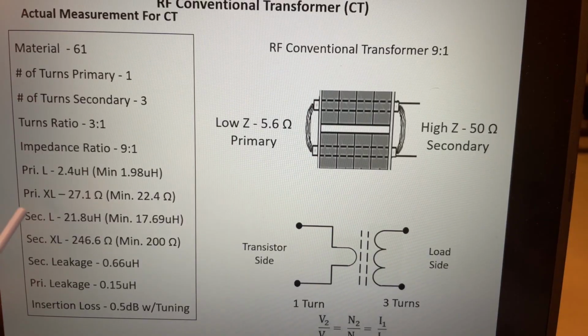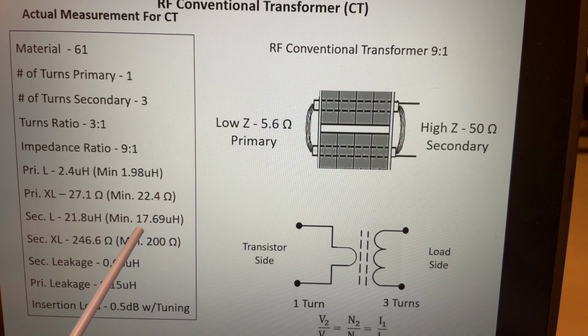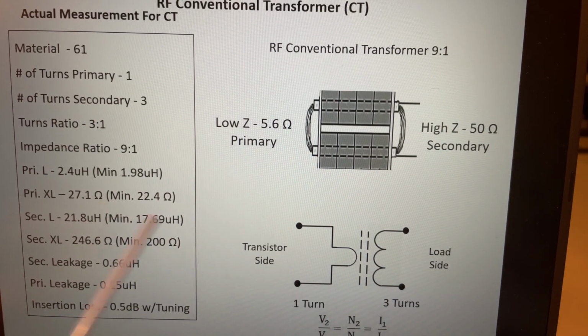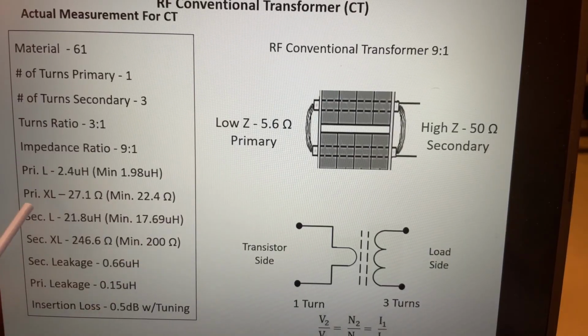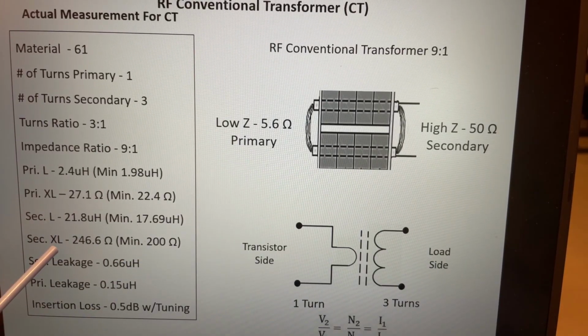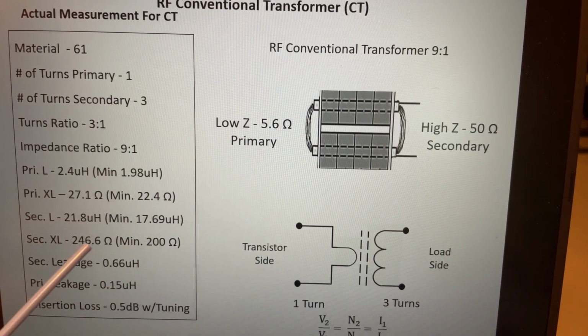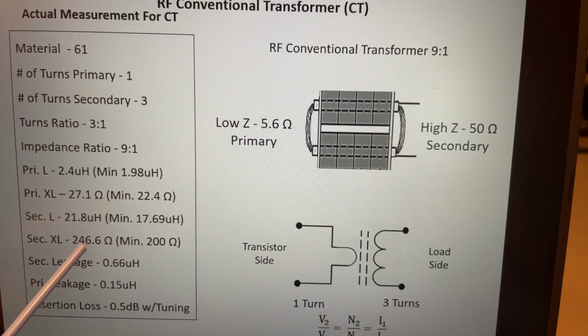On the output side, we had a minimum inductance of 17.69 microhenries. The measured value was 21.8 microhenries. When we calculate the inductive reactance in ohms, remember 4R, so 50 times 4 is 200, and we came out with 246.